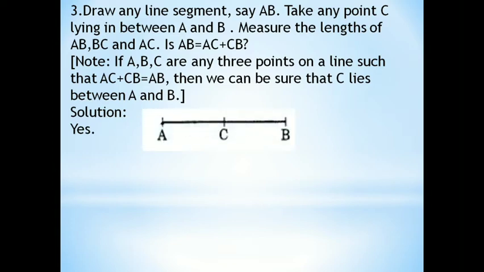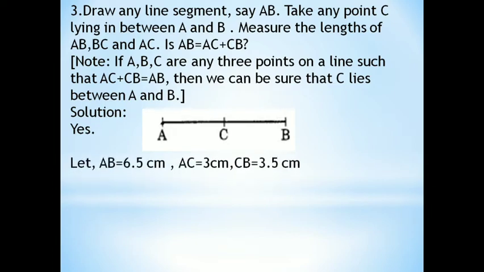Now look here. This is a line segment AB and you can see that point C is in the middle of AB. Now imagine that AB is 6.5 centimeter, AC is 3 centimeter and CB is 3.5 centimeter. So you have to draw a line segment AB of 6.5 centimeter, and at 3 centimeter you have to mark that point as C. As in this diagram, your diagram will look like that.